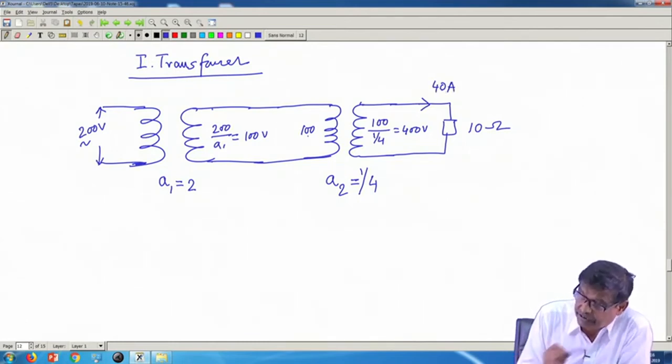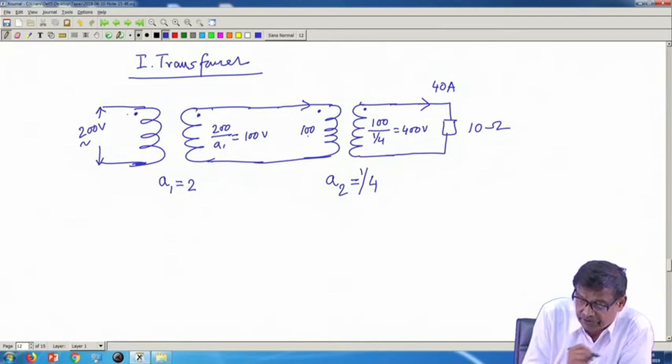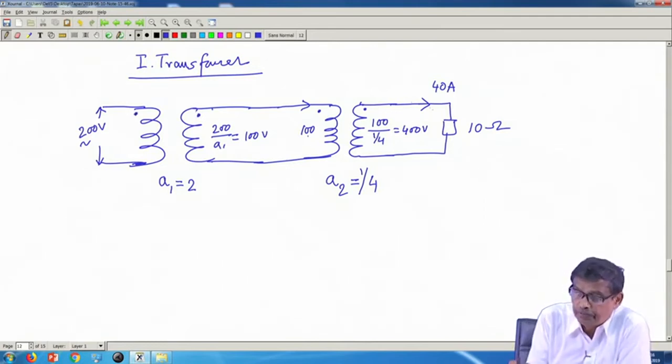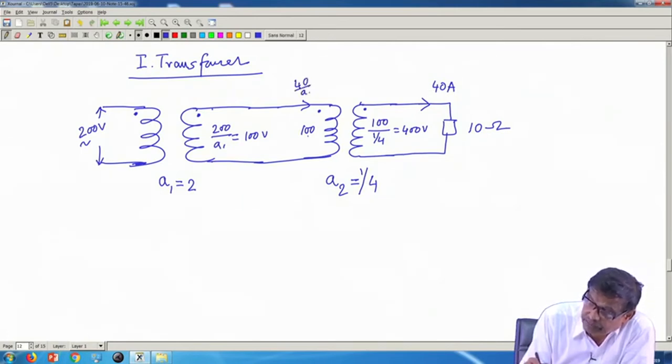If this is 40 ampere, and mind you, I should have shown you the dots, this current will be I2 by A. Its secondary current is 40. So, this current will be 40 by A2. 40 by A2 means 160.